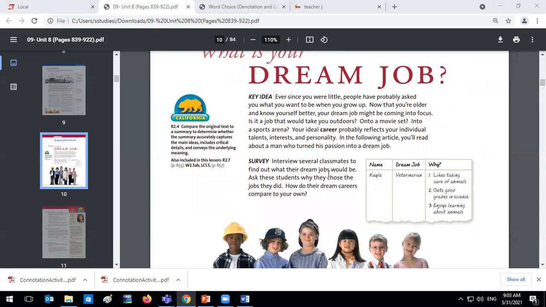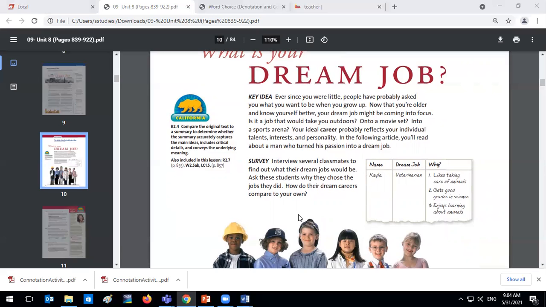So I need you to brainstorm some jobs that you see around you, and it could be something that your parents do or a relative does that you find intriguing or interesting and you see yourself doing. Or we can do some research about what are some potential careers that we can utilize mathematics in.